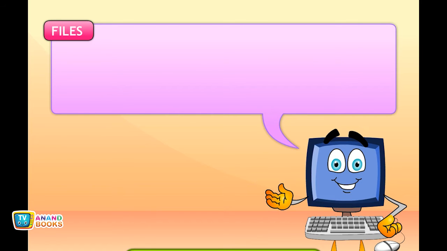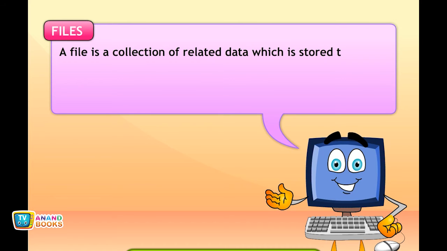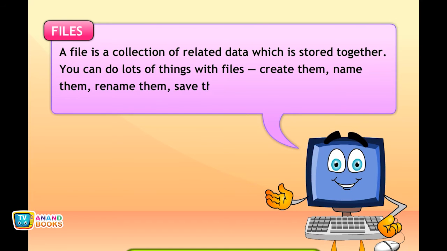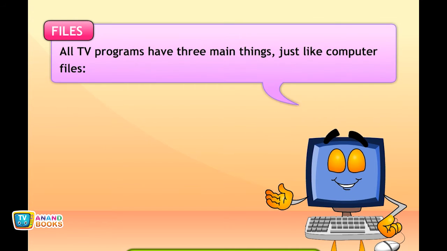Files. A file is a collection of related data which is stored together. You can do lots of things with files. Create them, name them, rename them, save them, or delete them. Let's take an example. All TV programs have three main things, just like computer files. 1.